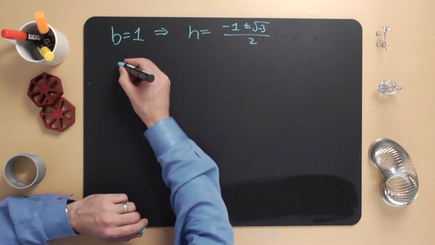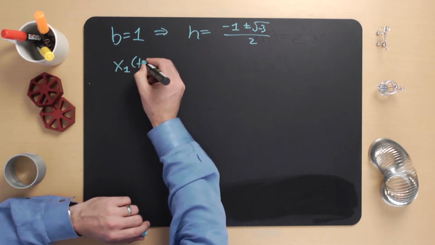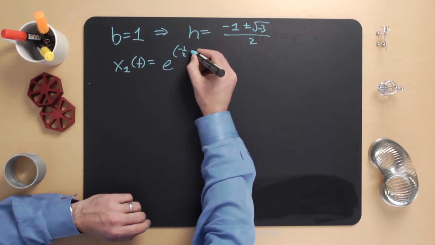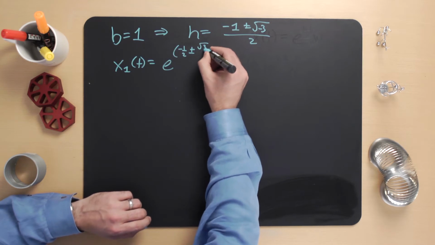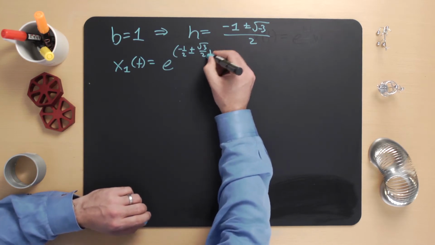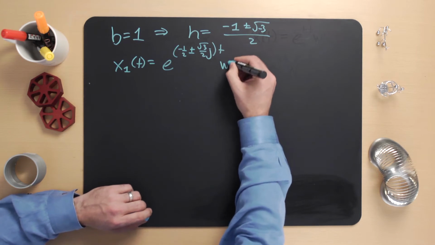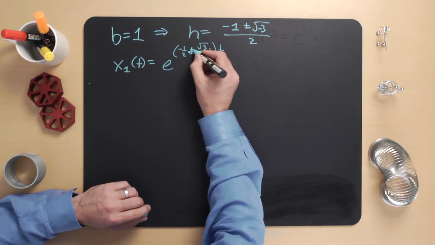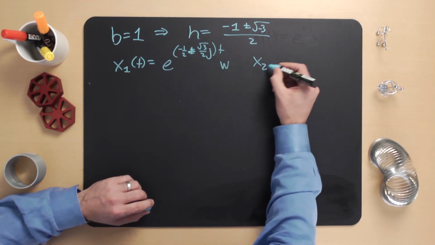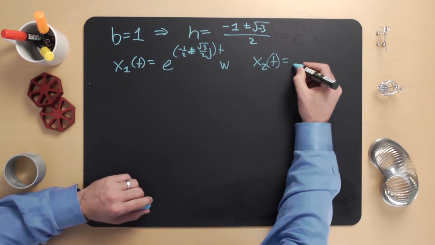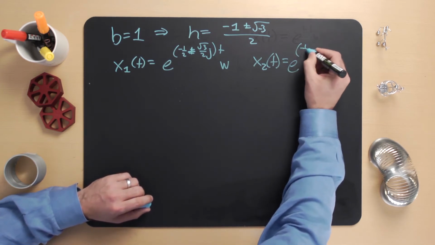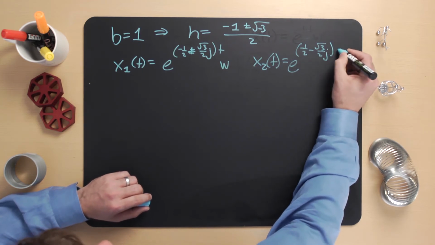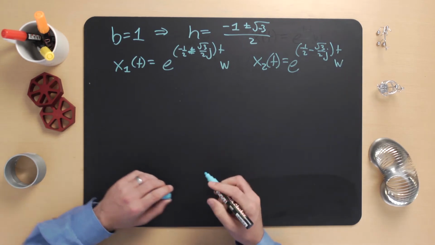Now, with that, I get two solutions. x1 of t is equal to e to the minus 1/2 plus or minus the square root of 3 over 2 times j, all times t times w. Now, here, I'm going to only choose the plus version. And now my second solution becomes x2 of t is equal to e to the minus 1/2 minus the square root of 3 over 2 j, all times t and times w.